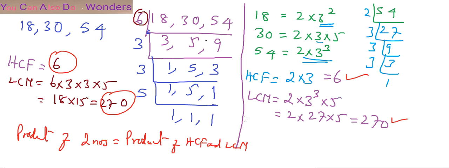This is not applicable for three or more numbers. So we cannot say here that 18 into 30 into 54 equals 6 into 270. That's not applicable. It is applicable only for two numbers. That's why I say the product of two numbers equals the product of their HCF and LCM.